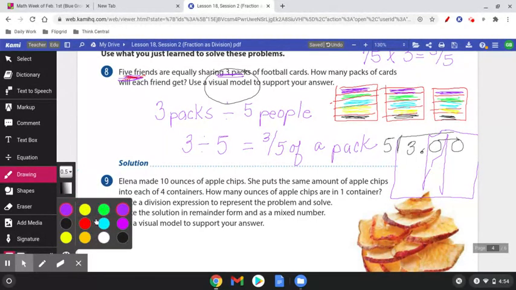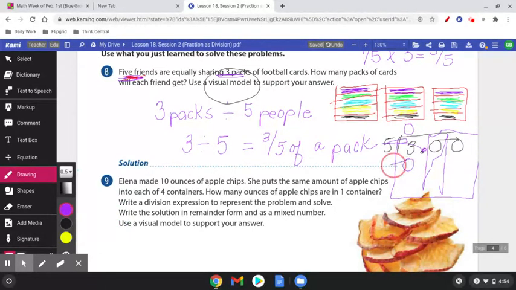And as I work through, I can think to myself, how many 5s fit into 3? Ooh, that got really messy there. How many 5s fit into 3, which would be 0, because they're not getting a whole. Okay, I gotta work on my writing here with my pen. I bring up my 3, because 3 ones is the same as 30/10, and 5 fits into 30 6 times, which is 30.